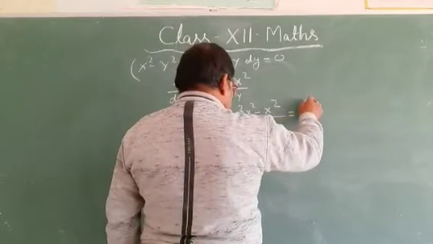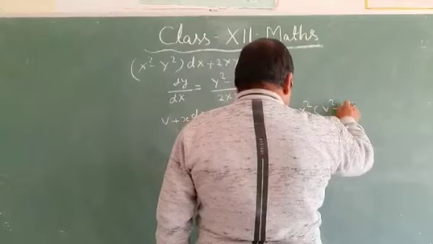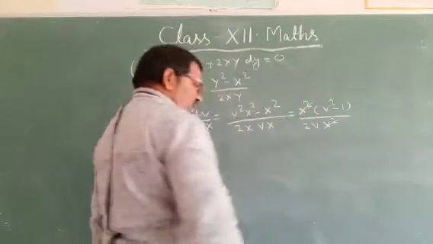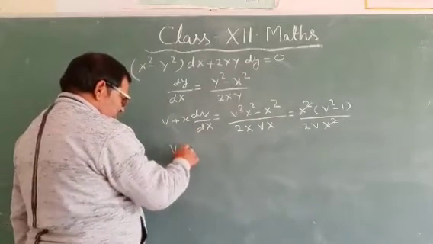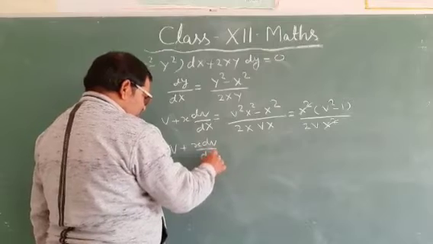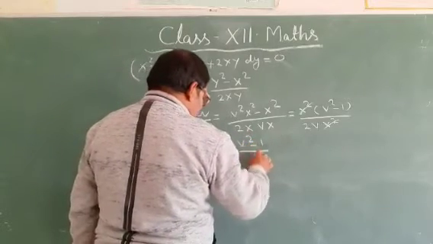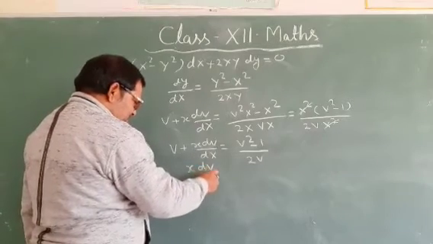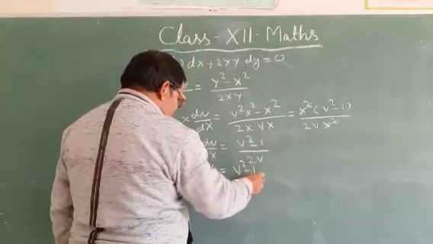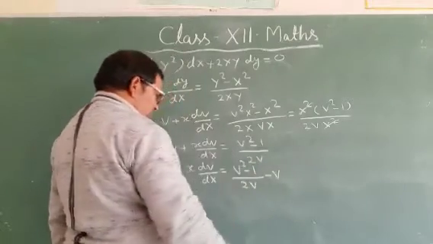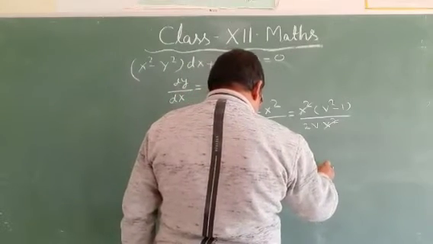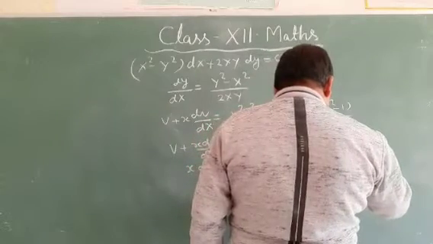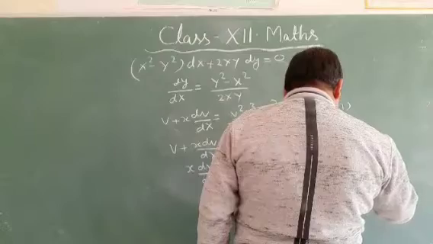So x square as common, (v square minus 1) upon 2v, x square cancels, and v plus x dv by dx equal to (v square minus 1) upon 2v. x dv by dx equal to (v square minus 1) upon 2v minus v, that's equal to (v square minus 1 minus 2v square) upon 2v, equal to minus (1 plus v square) upon 2v.